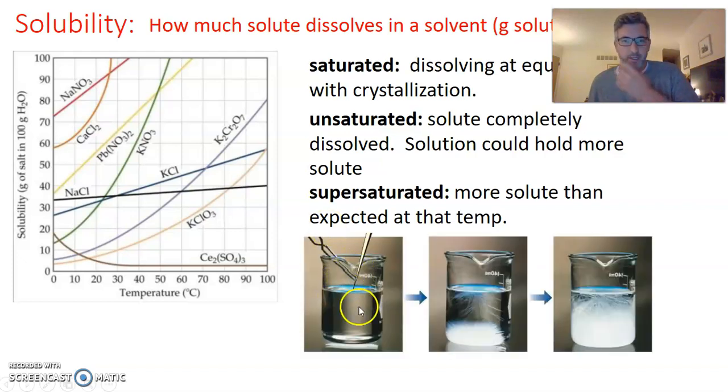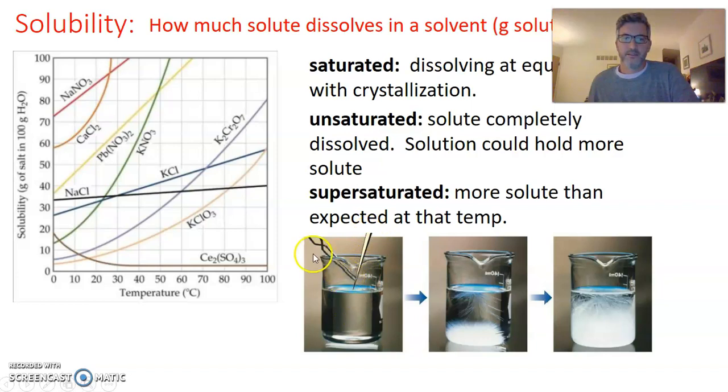And so here's a picture of a supersaturated solution of sodium acetate. There's more sodium acetate than you would normally be able to have dissolved at this temperature. I believe this is supposed to be at room temperature.